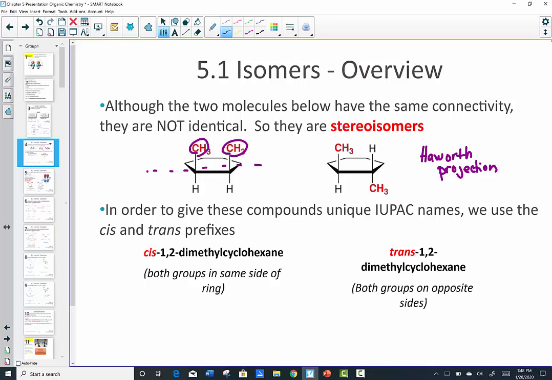We called that cis, cis-1,2-dimethylcyclohexane in this example. Or if the trans configuration shows the opposite, that in other words, one methyl group is above the plane and the other is below the plane of the cyclic structure, we call that a trans configuration. They are stereoisomers. They have unique IUPAC names, and the cis-trans become part of the structure's name.